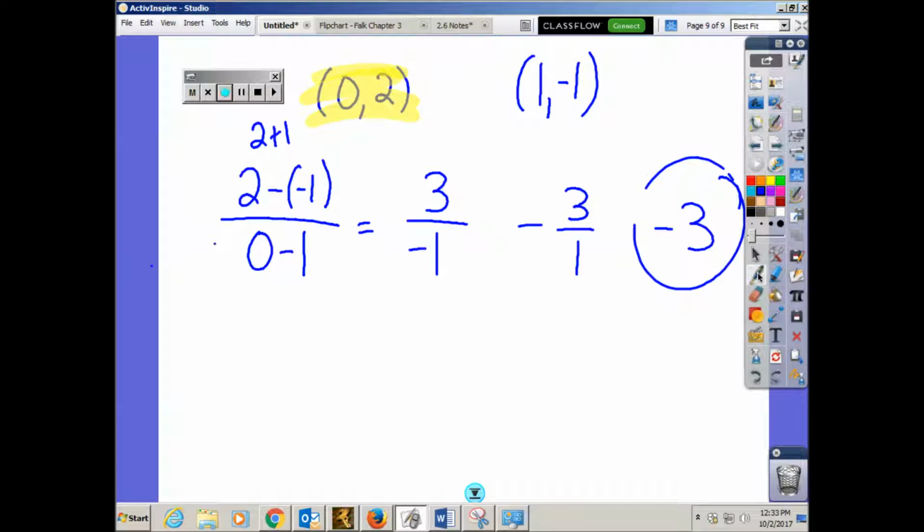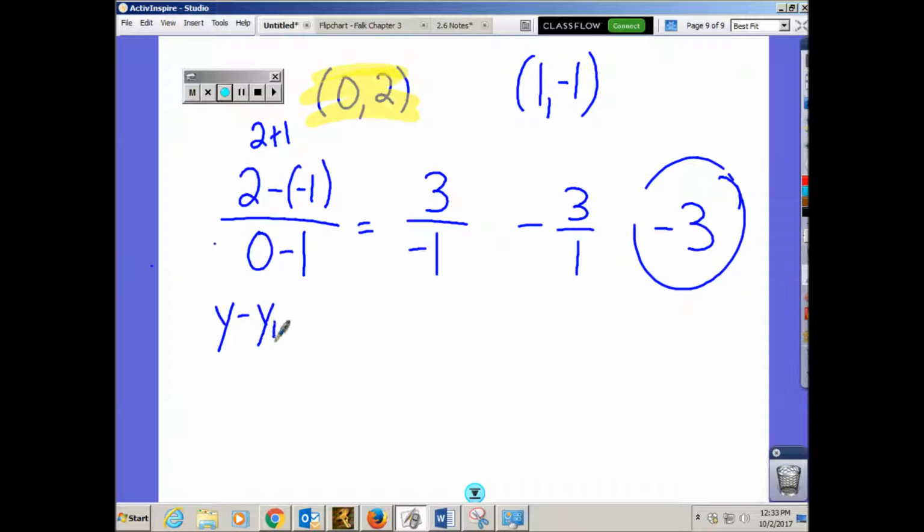Okay? So I'm just going to refresh your memory, it's y minus y sub 1 equals m times x minus x sub 1. The sub 1 means the x and the y in the first pair. I want you to see, it doesn't matter what pair we use, it's going to work.